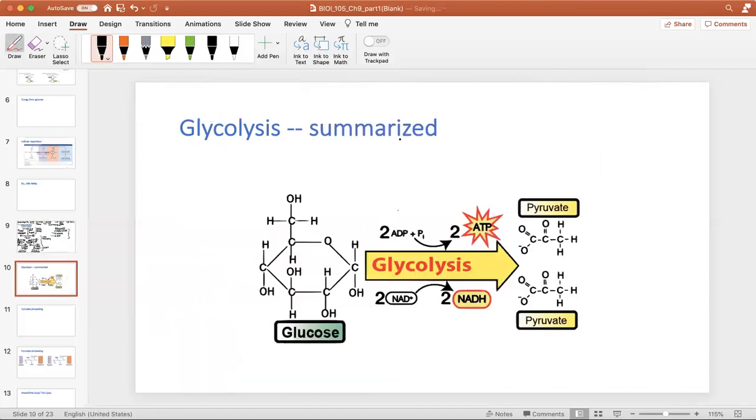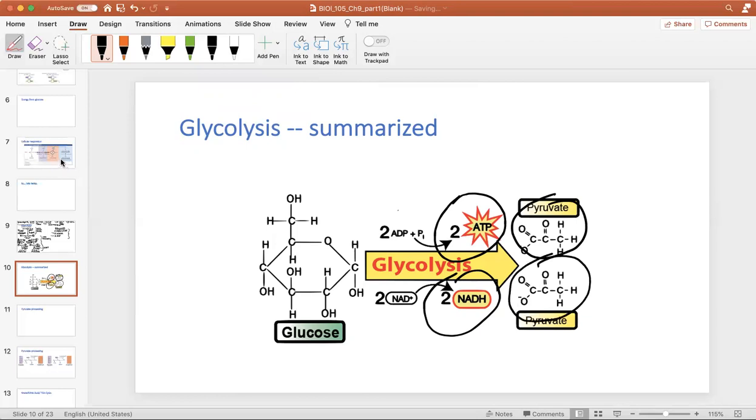So this is just looking at it a little bit different way. Here is glucose in its ring form, and through glycolysis, you end up with 2 ATP, 2 NADH, and 2 molecules of pyruvate, just like we talked about, okay?